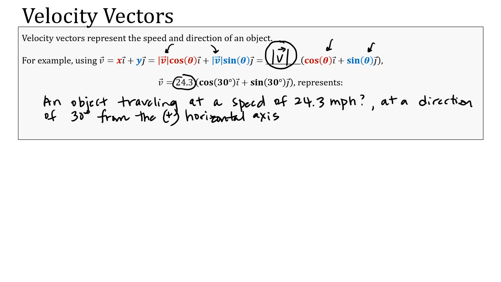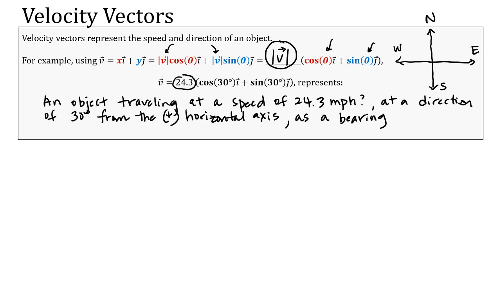Now, another way to say that would be as a bearing. Bearings are measured from north and south. So if I just draw a little sketch of what's going on here, north faces up, south faces down, west points to the left, and east points to the right.